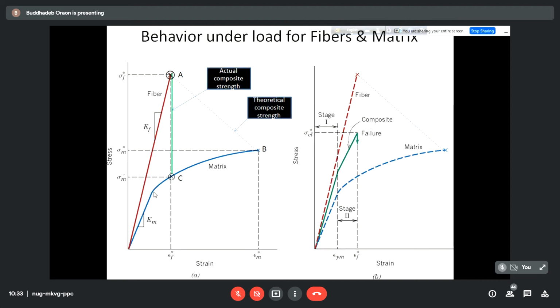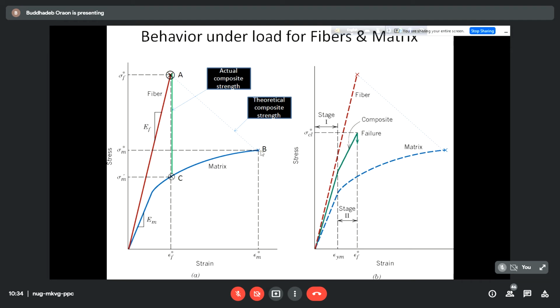After yielding, plastic deformation of the matrix starts, and as you increase the stress, strain also increases. After a certain strain and stress, given the notation epsilon m star and corresponding sigma m star, this point B indicates the failure of the matrix.